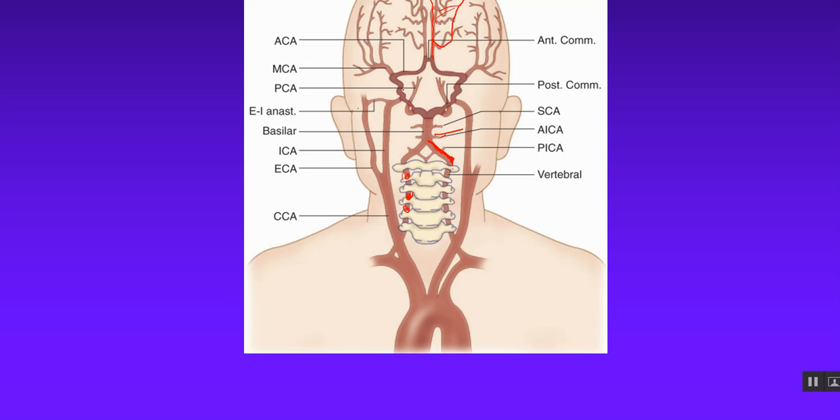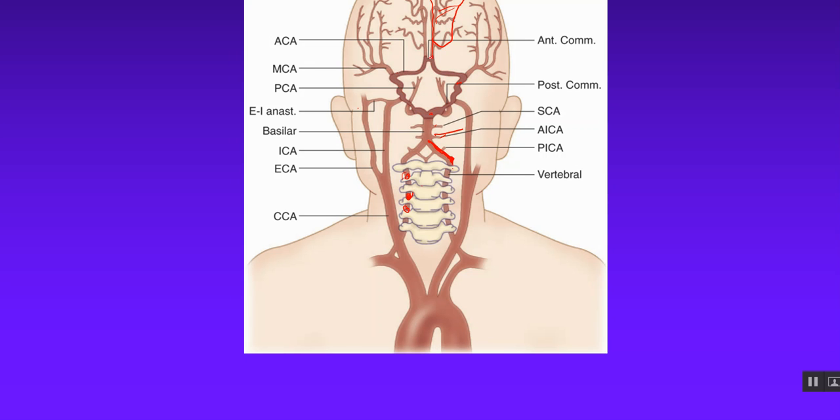Now, there's a connection between the vertebro-basilar system and the internal carotid system, called the circle of Willis. You guys heard of the circle of Willis? Okay. This is an anastomotic ring. It's an anastomosis, or connection between multiple blood vessels that form this ring.